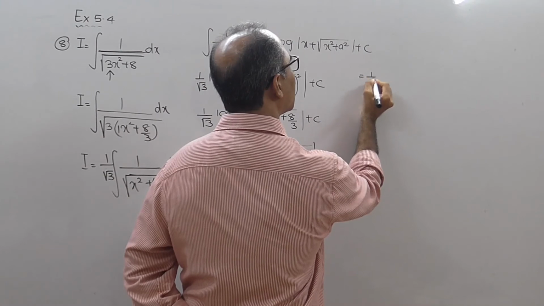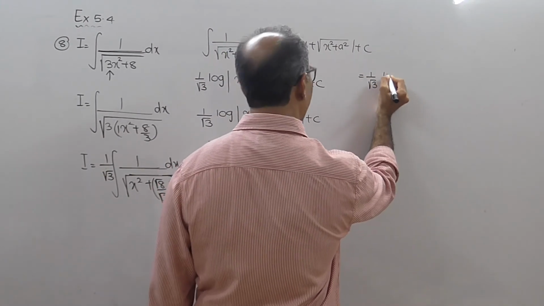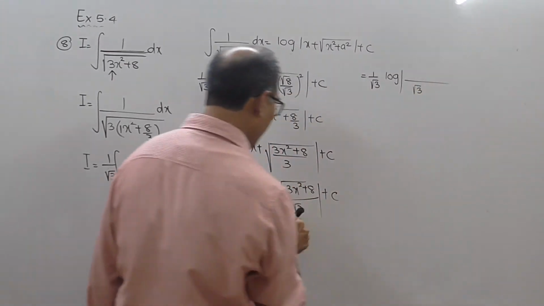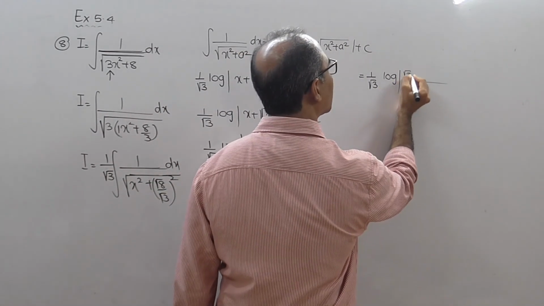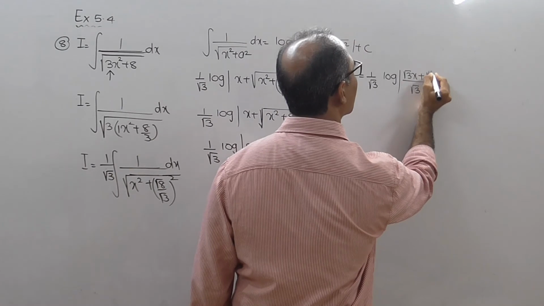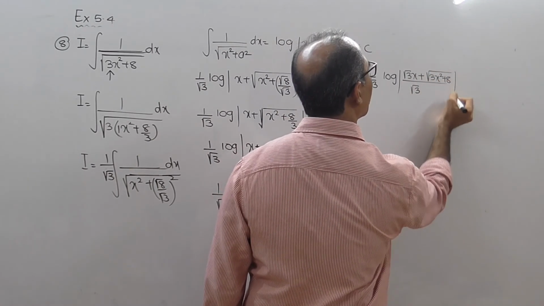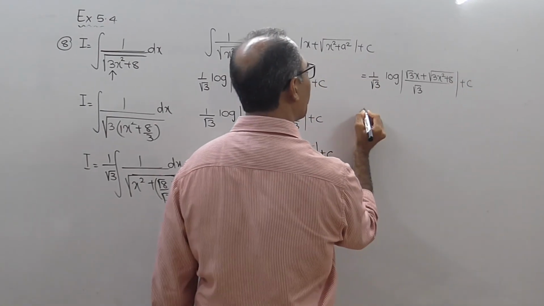So I get this as 1 upon √3 log modulus, take √3 as LCM, so I get √3x plus root of 3x square plus 8 plus c.